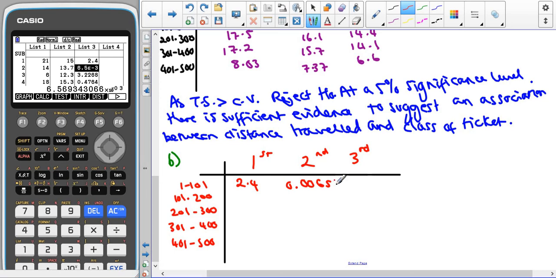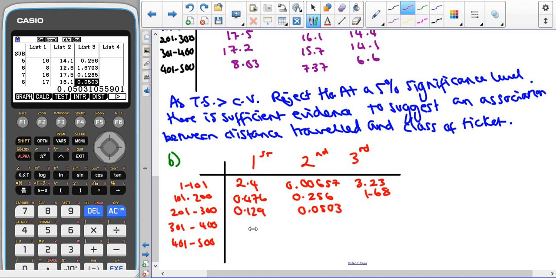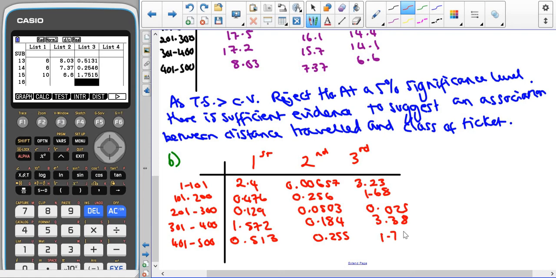So that's going to be 657, 3.23, 0.476, 0.256, 1.68, 0.129, 0.0503, 0.025, 1.572, 0.184, 3.38, 0.513, 0.255, and then 1.75.